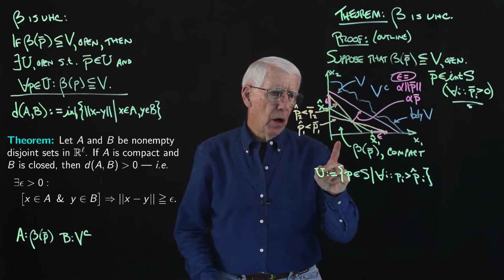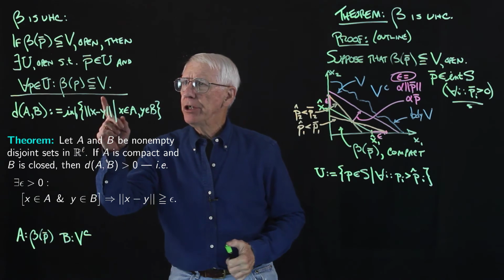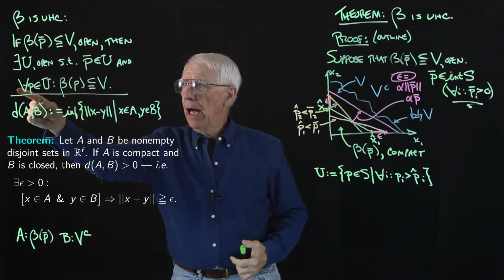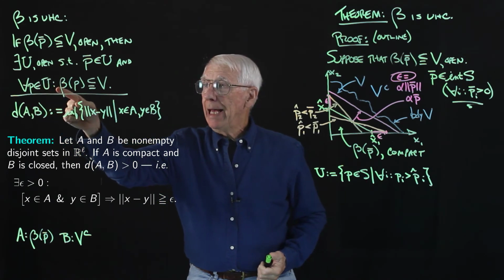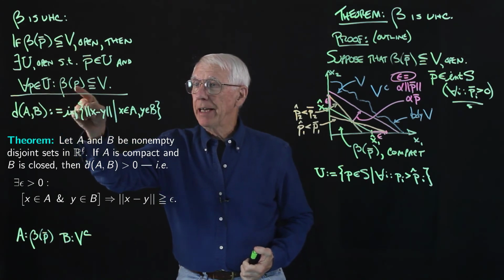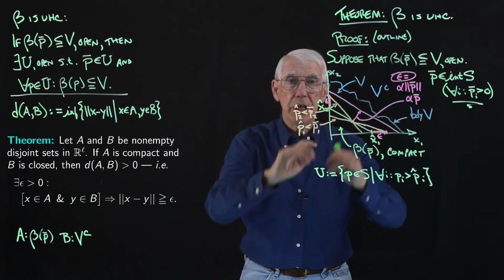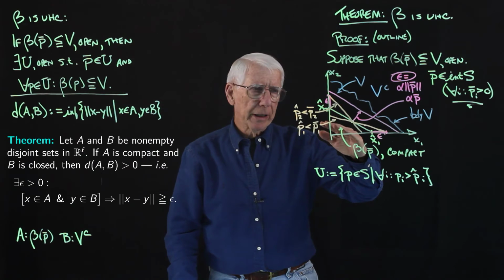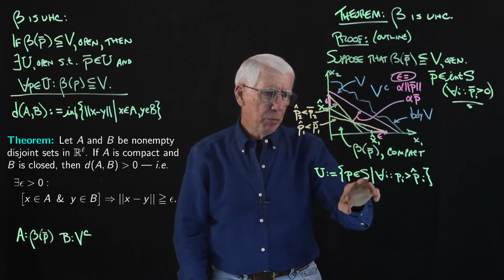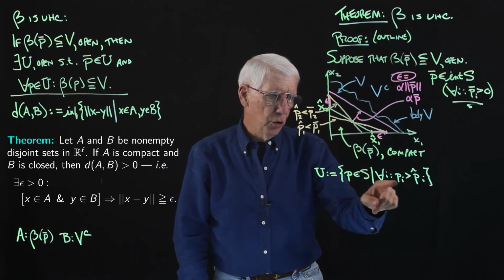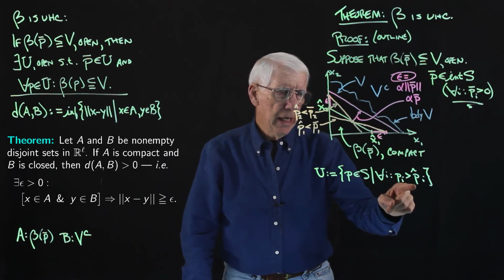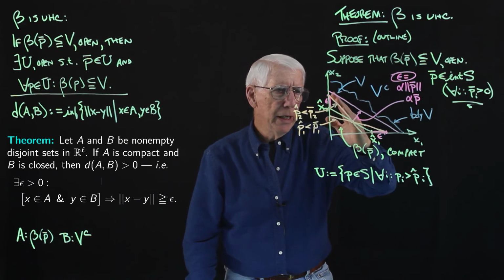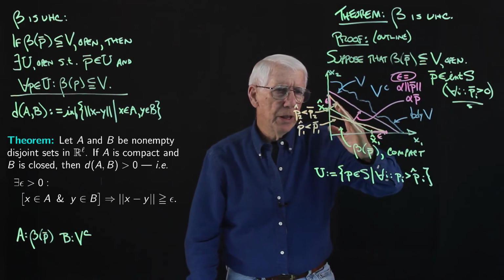And so now what we need to do is show that for any price list in U, the corresponding budget set will still be a subset of V. So how are we going to do that? Well, geometrically, just notice that any price list in U is going to generate a budget constraint that's in between these two orange budget constraints.